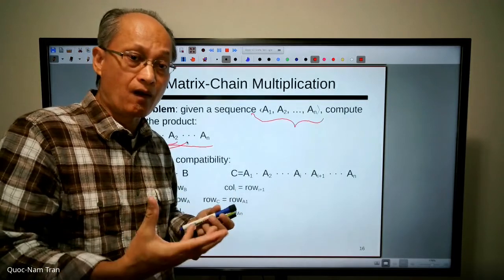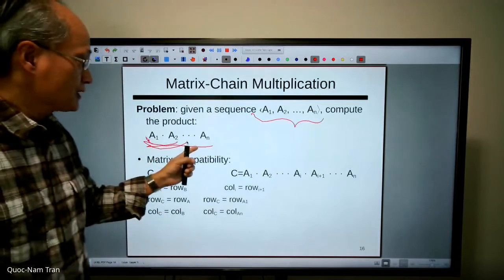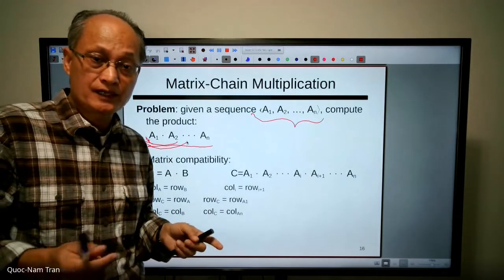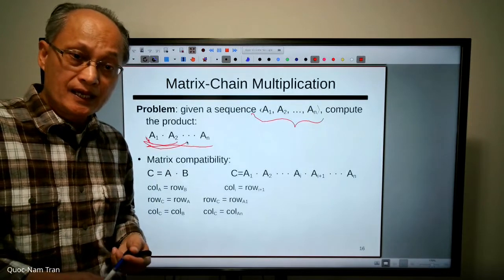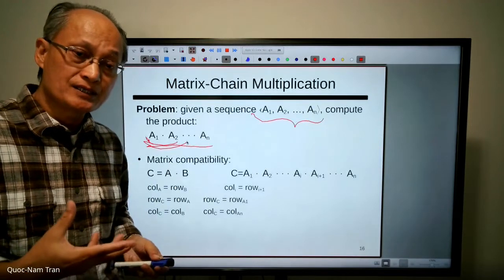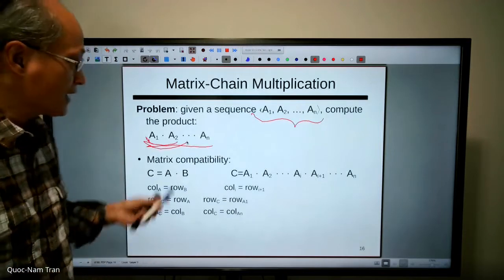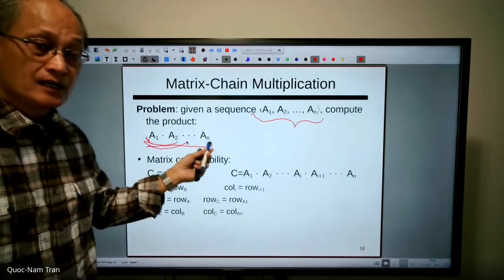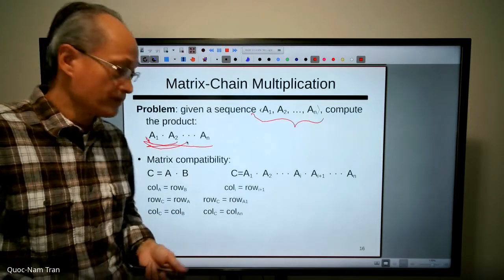Matrix multiplication is needed for solving approximations of differential equations, and that has many applications in engineering. So that's why they want to find the best way to multiply the matrices.